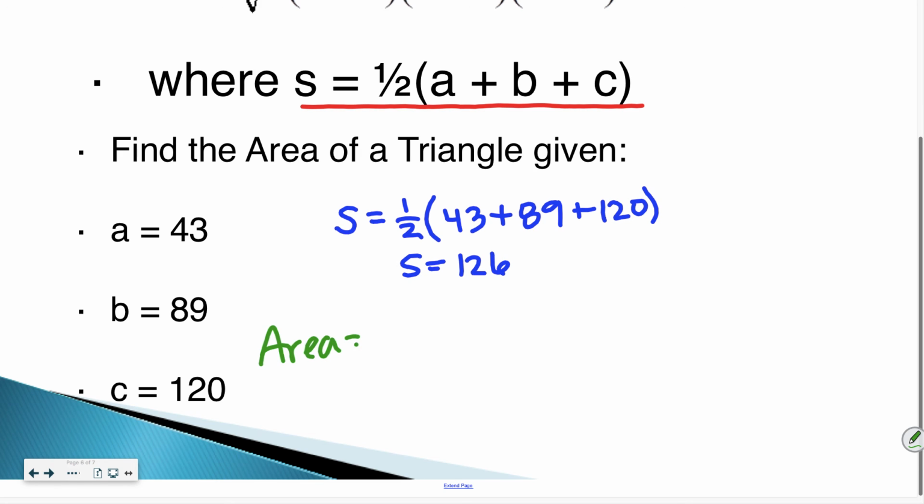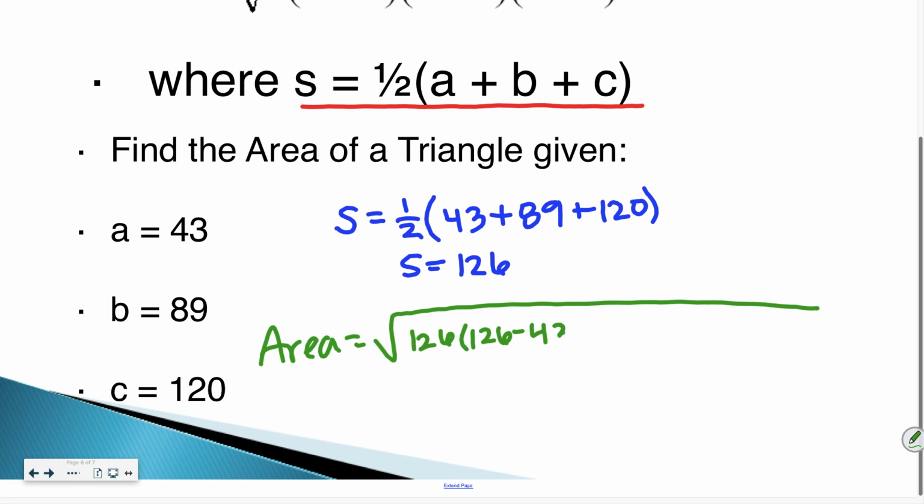Okay, so really not very strenuous. It's more just a lot of typing. We're going to take the square root of 126 times 126 minus 43 times 126 minus 89 times 126 minus 120.